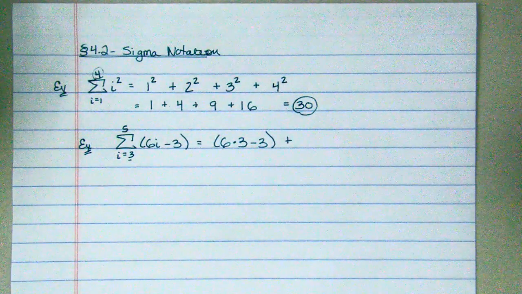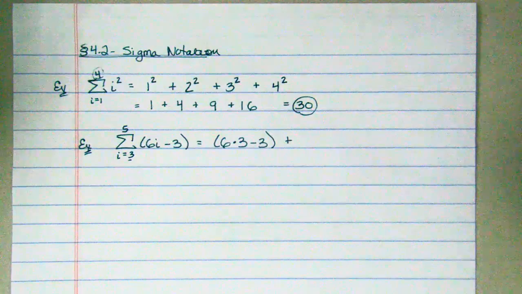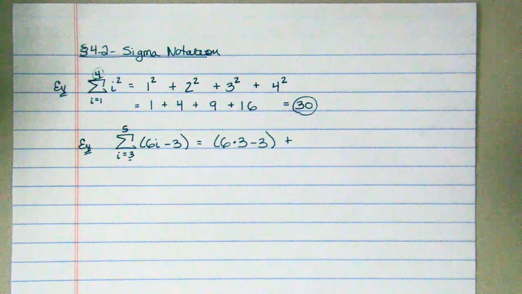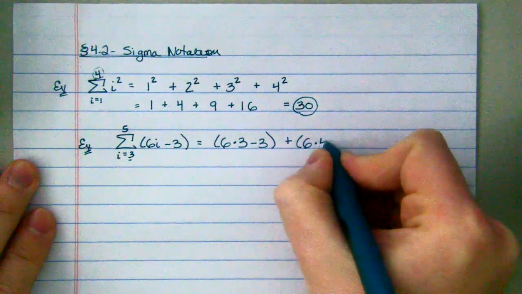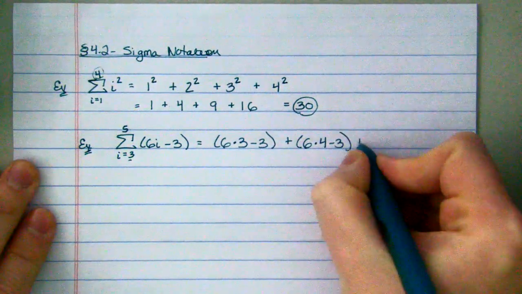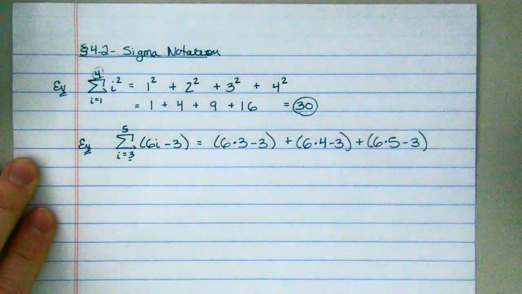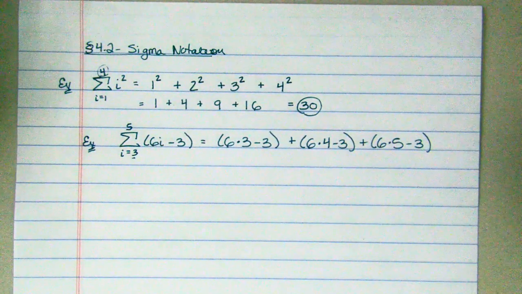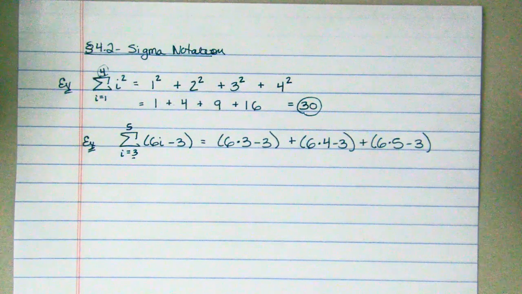Then, you're going to keep plugging in numbers until the last number you plug in is what? It should be that upper limit. So I'm going to plug in 4: 6 times 4 minus 3. I'm going to plug in 5: 6 times 5 minus 3. And I'm done. You go finish this off, just work through the arithmetic, and tell me what this sum equals.